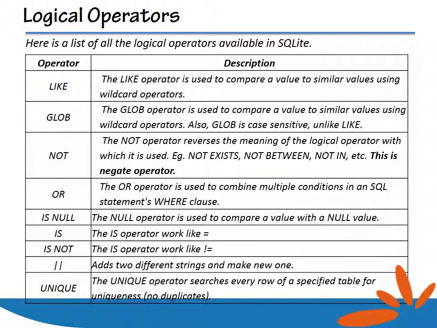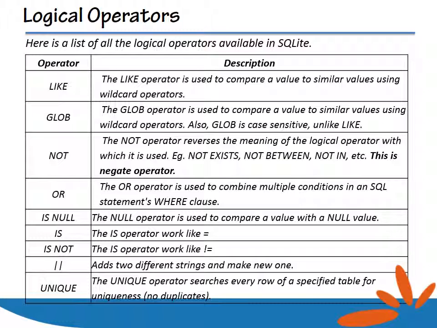The next one is NOT. The NOT operator reverses the meaning of the logical operator with which it is used. For example, NOT EXISTS, NOT BETWEEN, NOT IN, and so on. This is to negate the operator. The next one is OR.